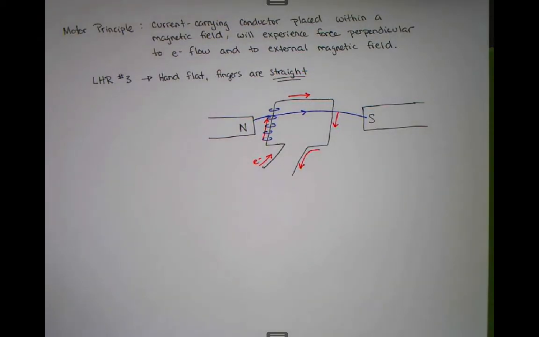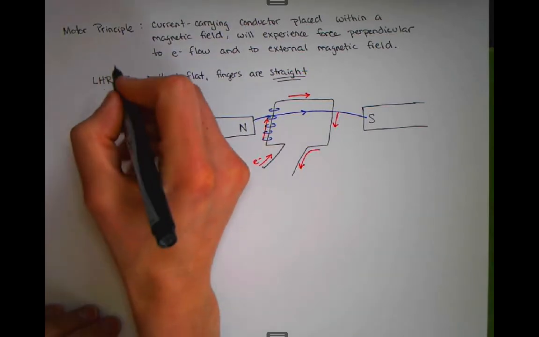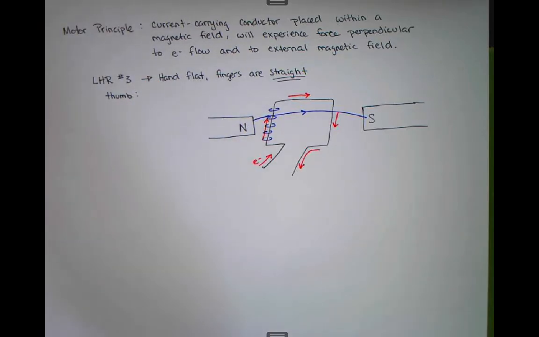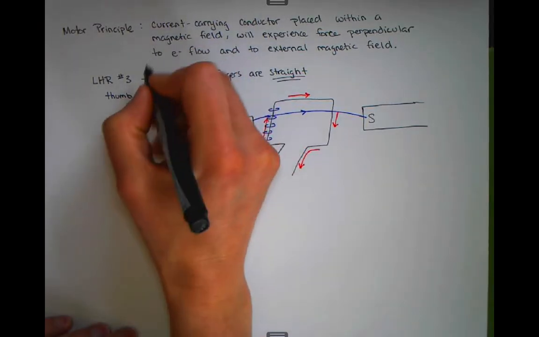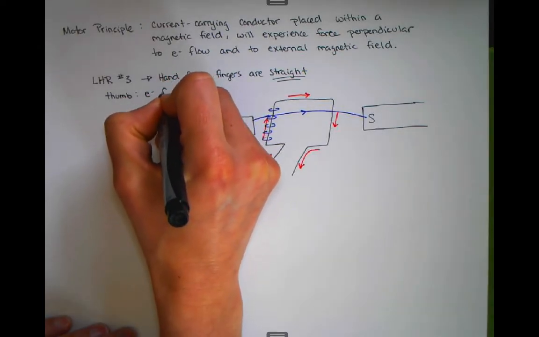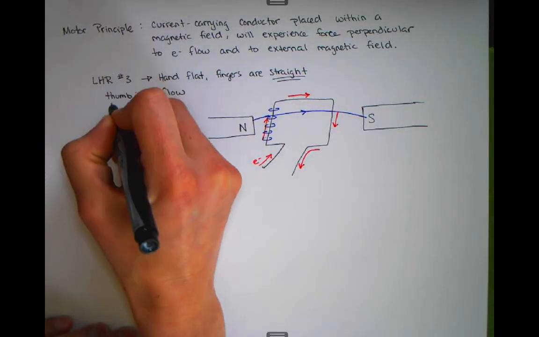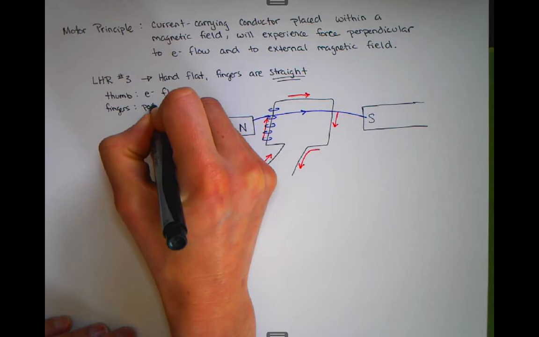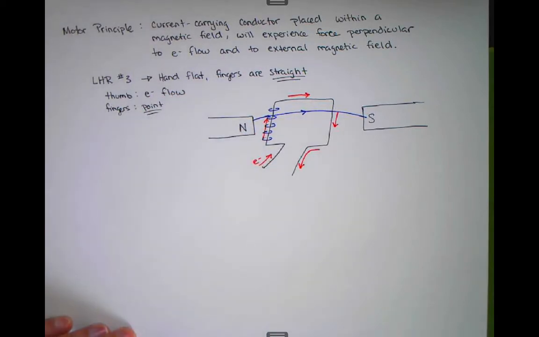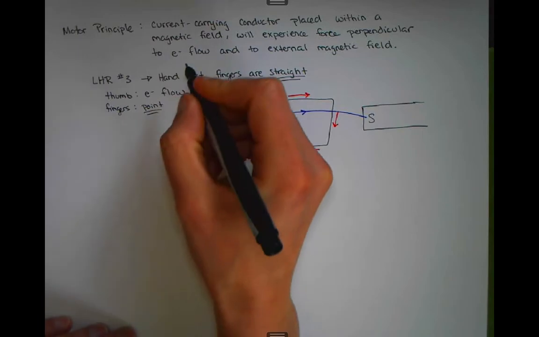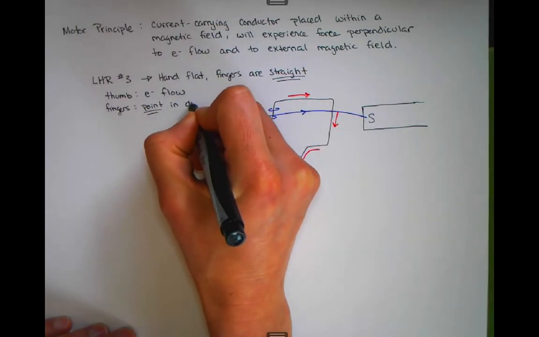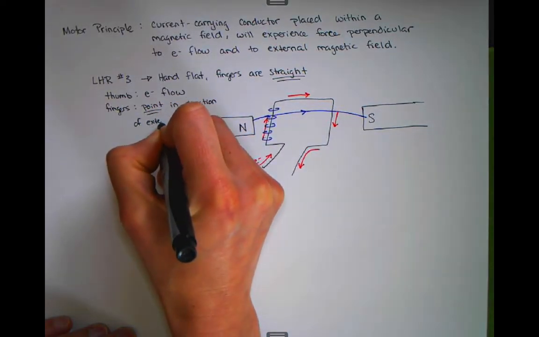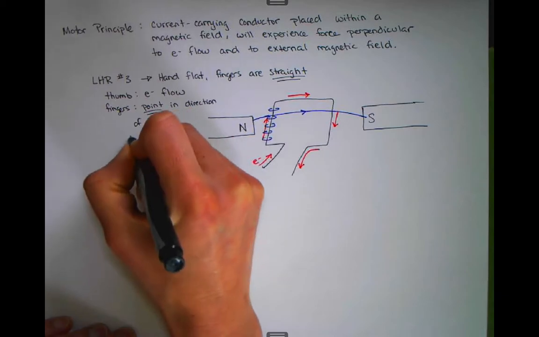So in left-hand rule number 3, you have your thumb, and your thumb is going to be pointed in the direction of electron flow. Your fingers stay straight, and your fingers point. I'm going to write point instead of curl. Your fingers point in the direction of the external magnetic field.